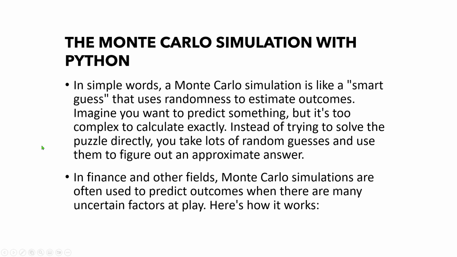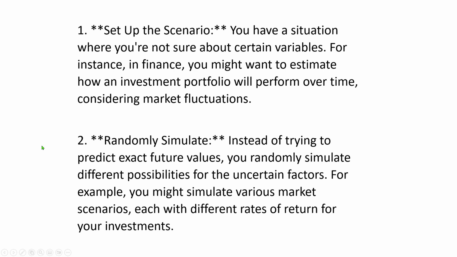Here's how it works. First, set up the scenario. You have a situation where you are not sure about certain variables. For instance, in finance, you might want to estimate how an investment portfolio will perform over time, considering market fluctuations.